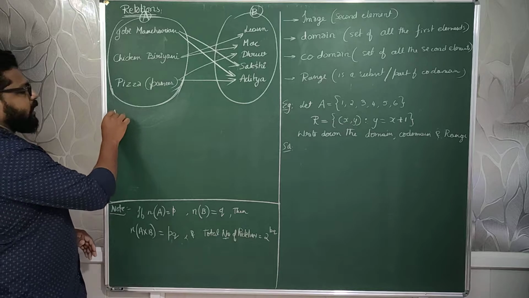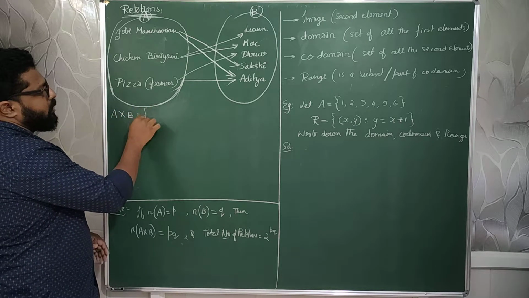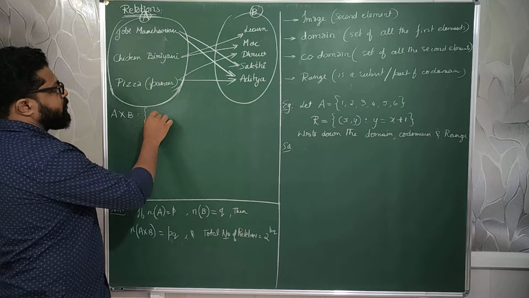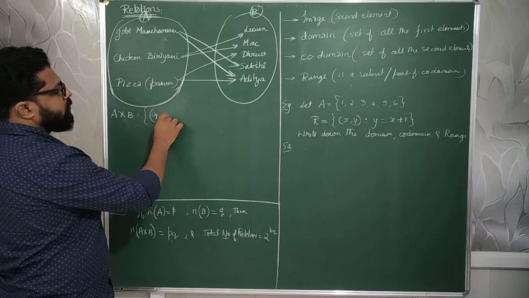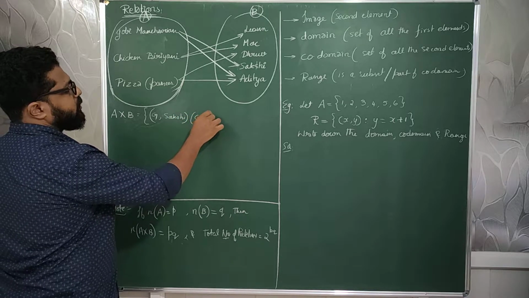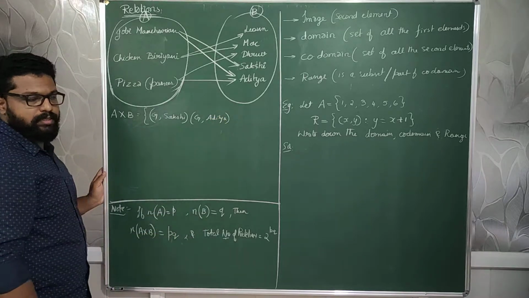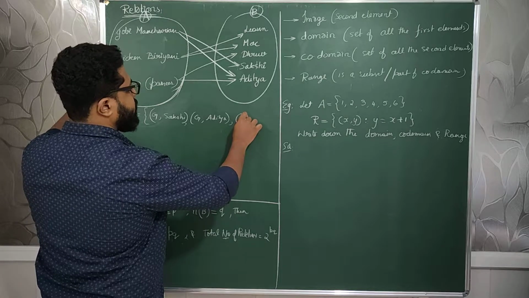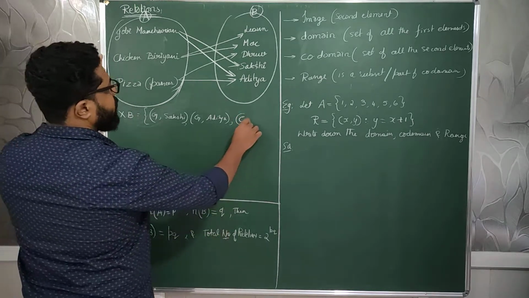So set A and B, if I have to do A cross B. You can see gobi manchuri, I just write it as G. So G comma Sakshi, she wants it. G comma Aditya. Now another one, chicken biryani, I will write it as C. Who responds?